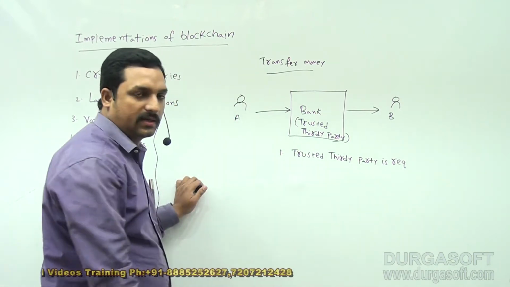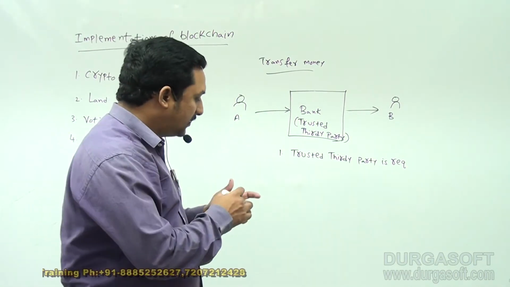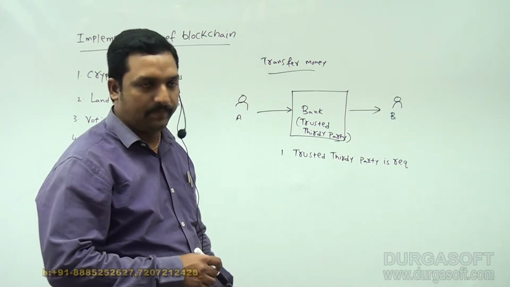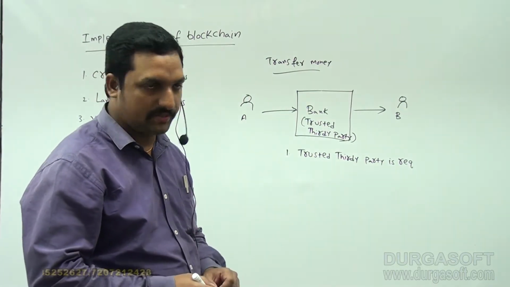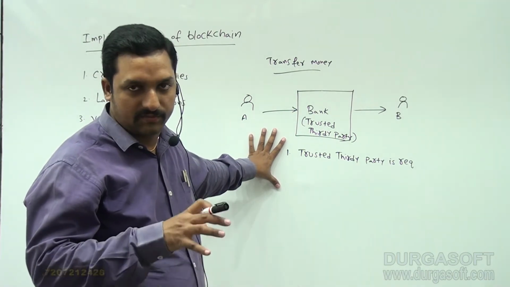So, without the trusted third party, we cannot make any transfer. I want to transfer some money directly from one account to another account without having any mediator. This is one requirement.